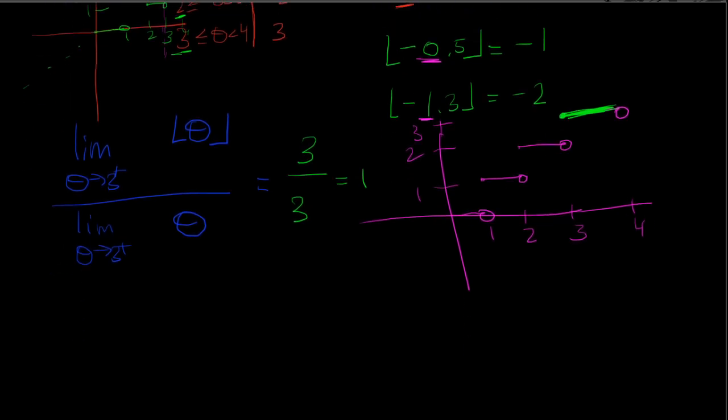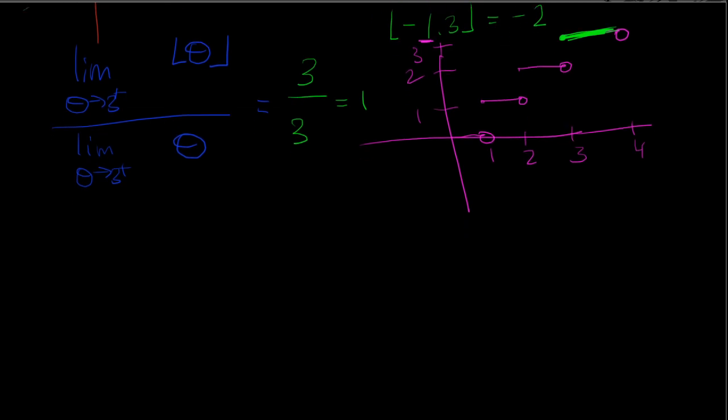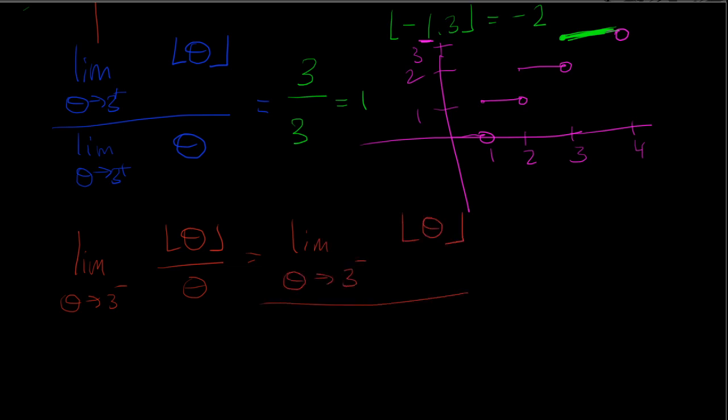Now instead, let's look at theta approaching 3 from the left. I can break this limit up like I did the one on top as just a floor of theta over theta. And now I go to my graph and I see I'm approaching 3 from the left, so that's going to be over here.